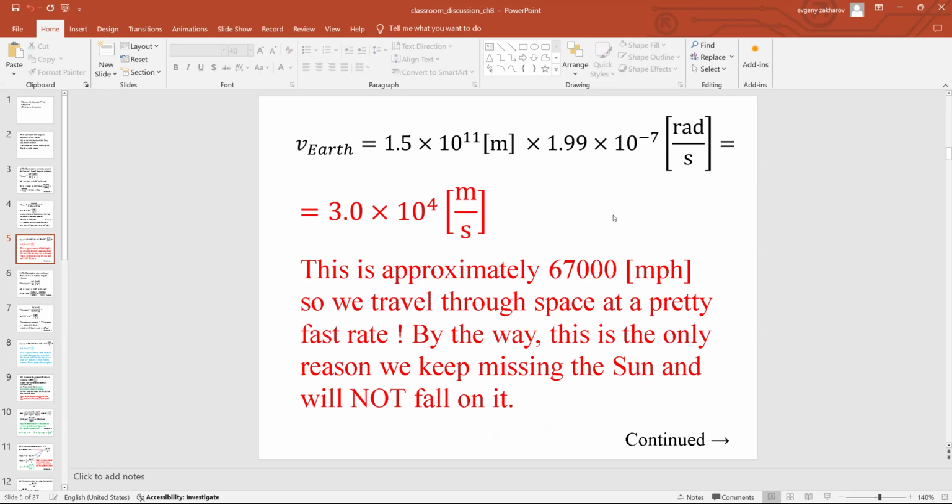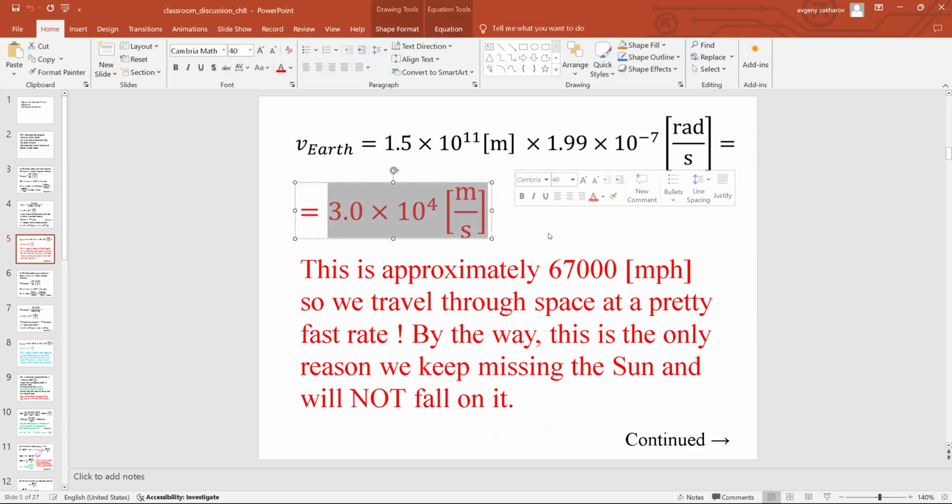Other than that kind of collision, we will keep on orbiting the sun over and over again for billions of years until the sun expands to a red giant and consumes us like you consume a Snickers bar or a bottle of water. So I just want to point out that we move pretty fast right now, this very second, through space because we are part of a solar system and we orbit the sun.